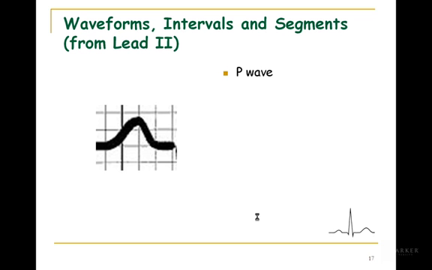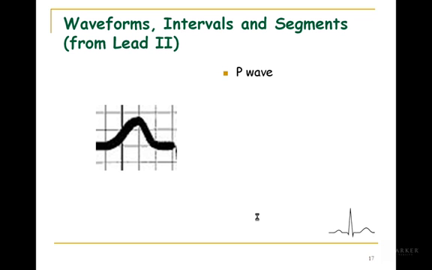P wave, you already knew, represents depolarization of the atrium. Okay? It's upright in your leads, usually positive. Shouldn't be more than 2.5 millimeters in height. If we want to do voltage, that would correspond to 0.25 millivolts.